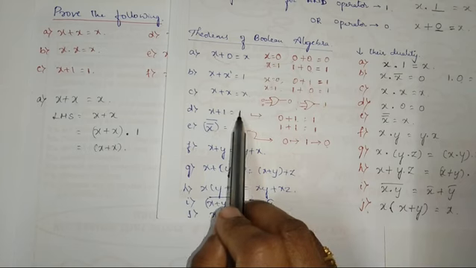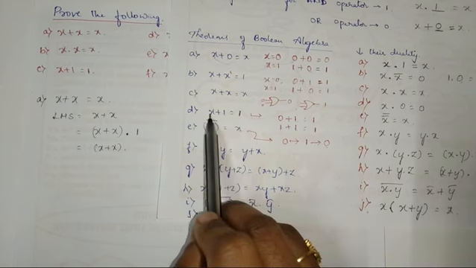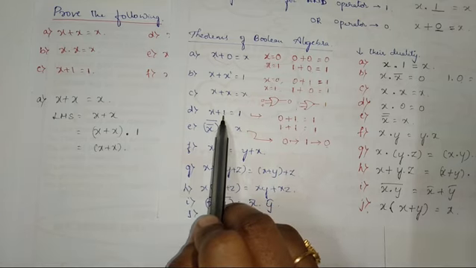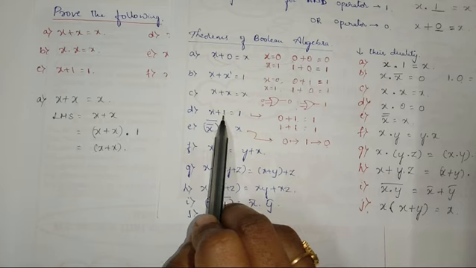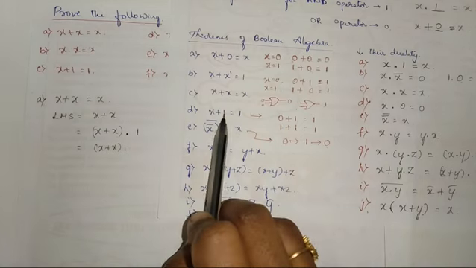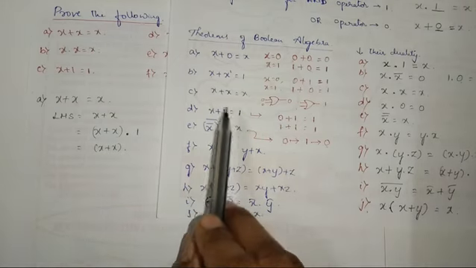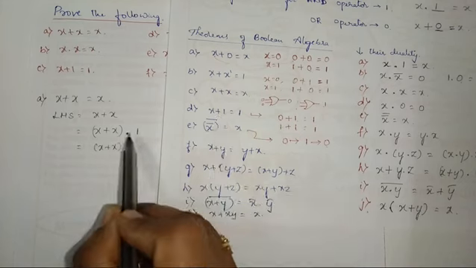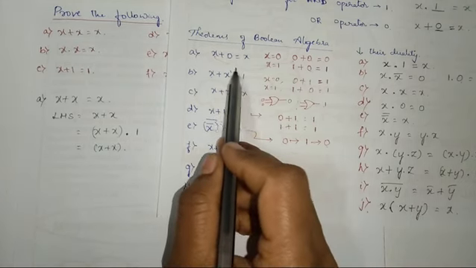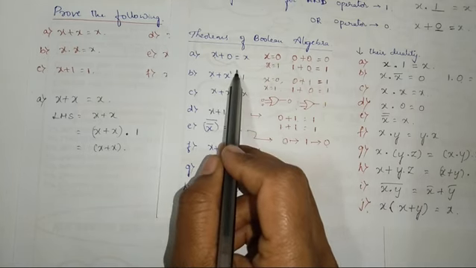Even I can write in place of 1, x plus 1. I'll explain the whole problem and give you a clue to remember how to solve this problem. Okay, you can replace this 1 by x plus 1 and x plus x bar also.